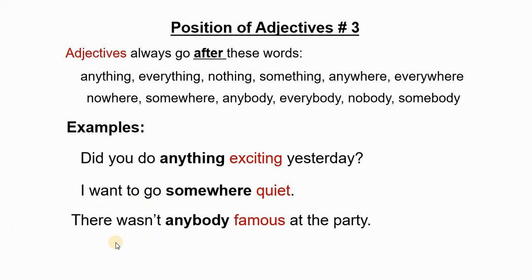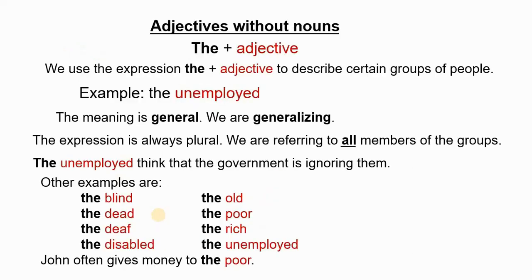Number 3 example. There wasn't anybody famous at the party. So the adjective famous goes after the word anybody. And finally, this is quite an advanced subject.